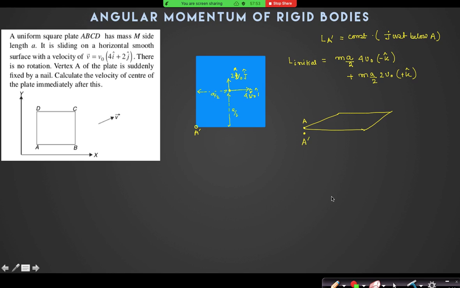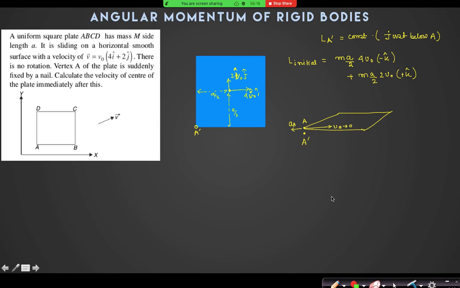Suppose A had a particular velocity in this direction before, and after, A becomes at rest. So don't you think that point A is a non-inertial reference frame? It has an acceleration in this direction. Yes or no? Yes, sir.